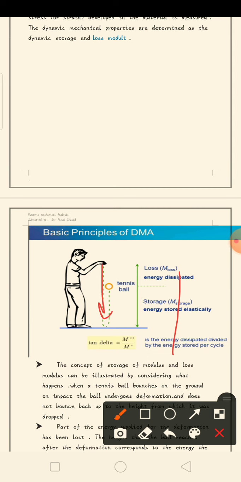On impact the ball undergoes deformation and does not bounce back up to the height from which it was dropped. Part of the energy supplied for the deformation has been lost.